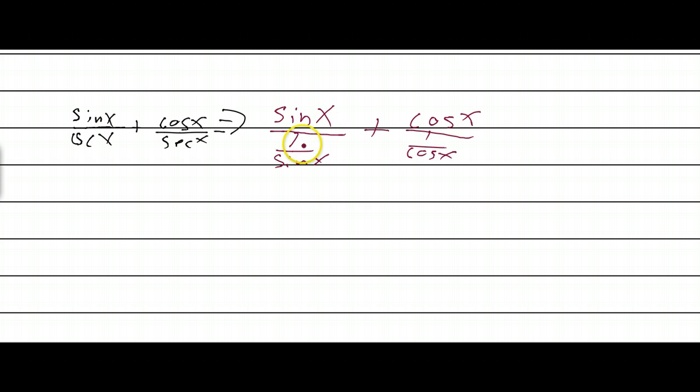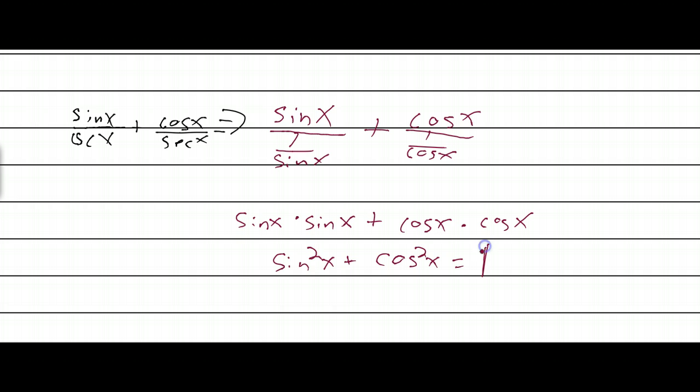Well, you're dividing by 1 over something, so remember, you have to multiply by the reciprocal. So then this becomes sine of x times sine of x plus cosine of x times cosine of x. And this is just sine squared of x plus cosine squared of x, which is just 1. So all this simplifies to 1.